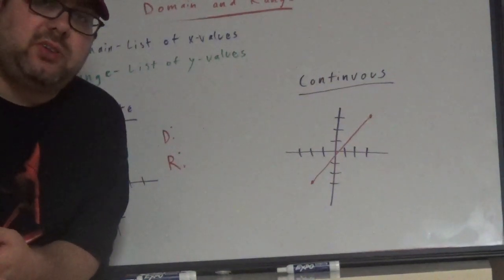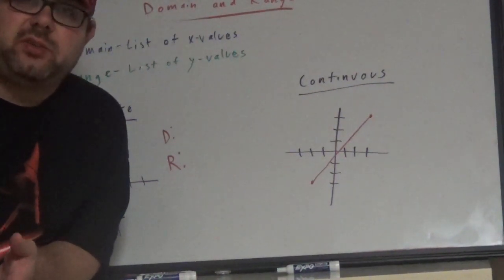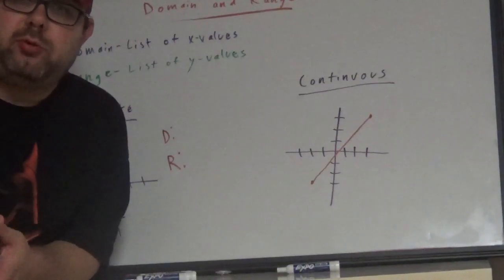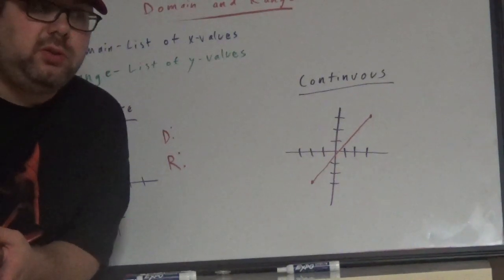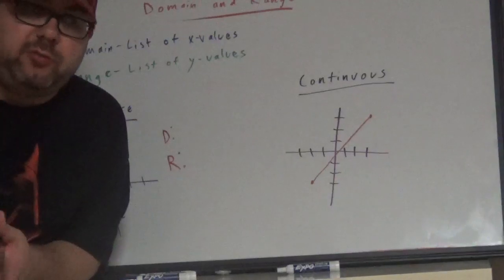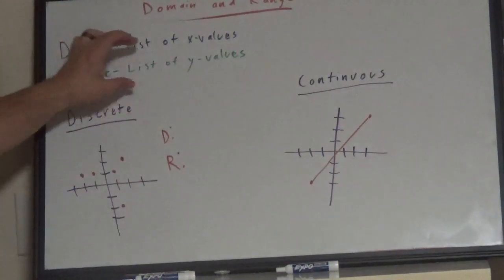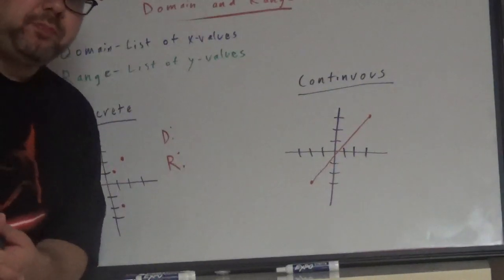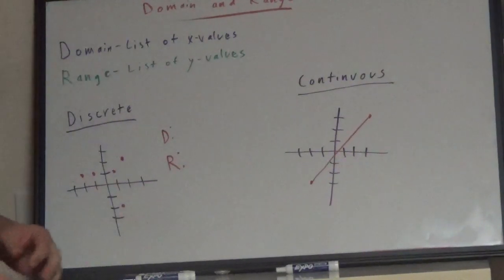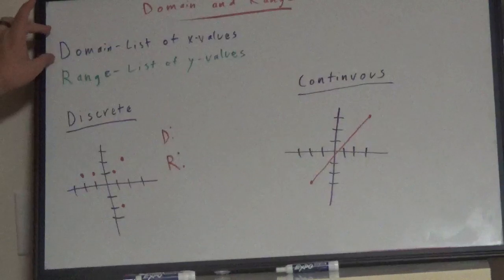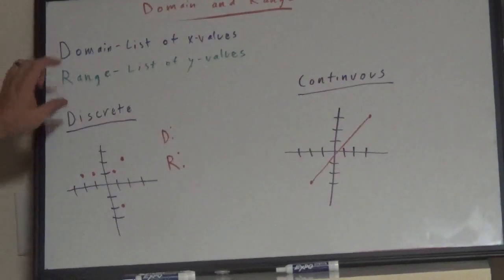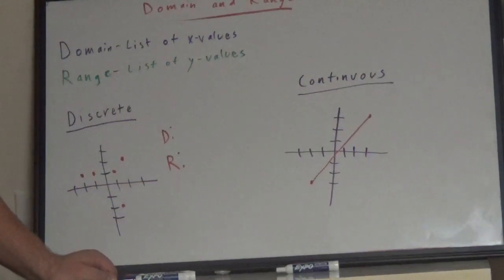However, you could see it in a list of points or on a table. I'm just hoping to show it on a graph. The range is a list of all the y values. So, domain, list of x values; range, list of y values.